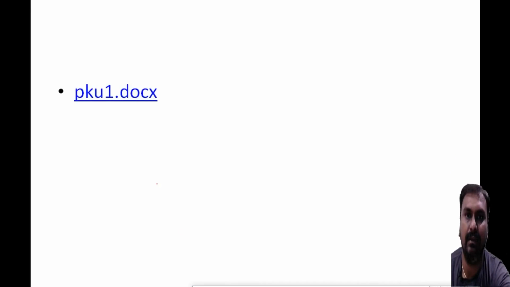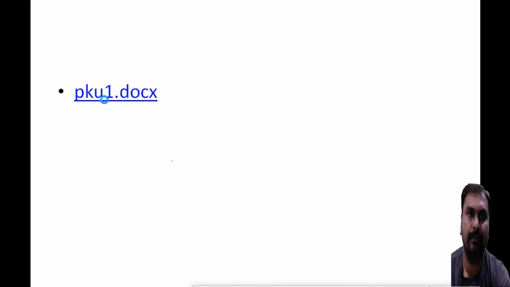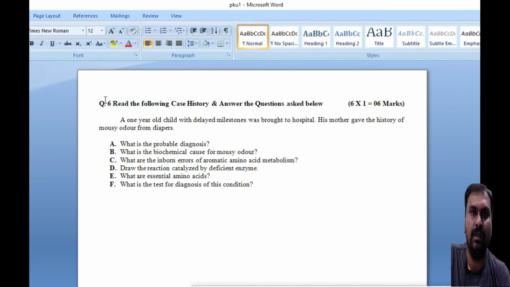Now we will see a case of phenylketonuria. Here you can see a 1-year-old child with delayed milestones and a history of mousy odor from the diaper.